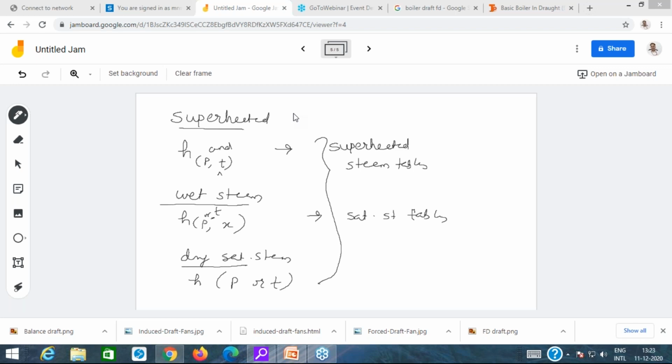And third, the volume of the gas consumed by the boiler in meter cube per hour. Is the question clear? So how will you solve this question?